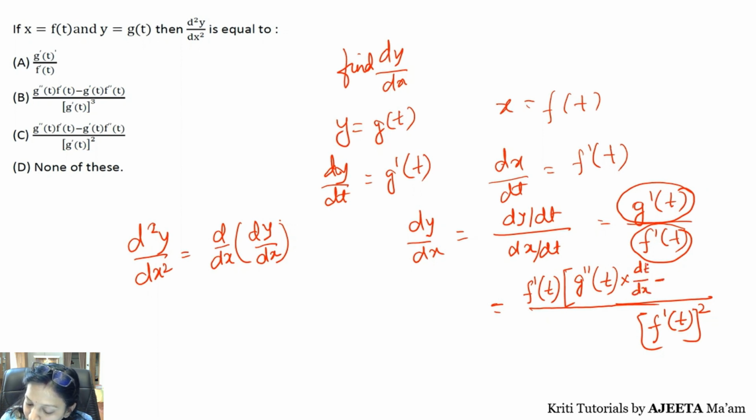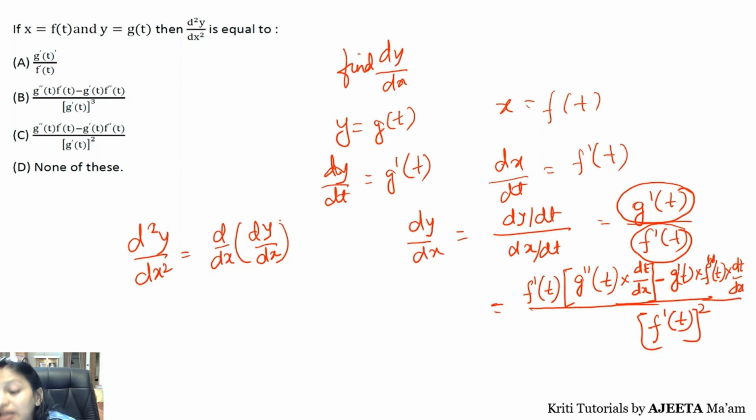Correct. Minus. Okay. What will come? g dash t as it is into derivative of f dash t, that is double derivative, and into again what will come? dt by dx. So dt by dx will come with both the terms.